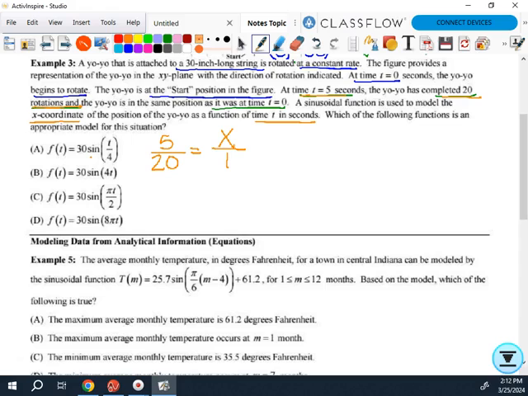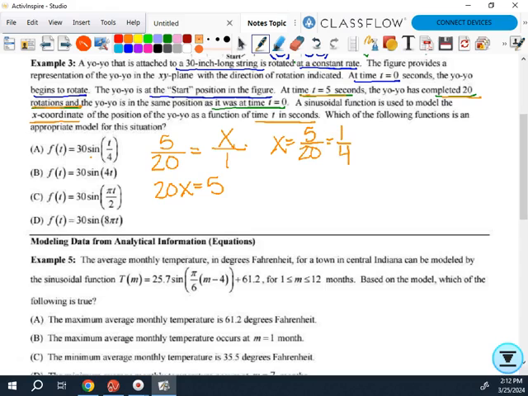You can set up a little ratio and proportion. So now we can cross multiply and get 20x equals 5 times 1, which is 5. So x is equal to 5 over 20, which really we're right back where we started from, but I didn't want you to think it was like a magic proportion. Really, it just said x equals 5 over 20. Then this reduces to 1/4.